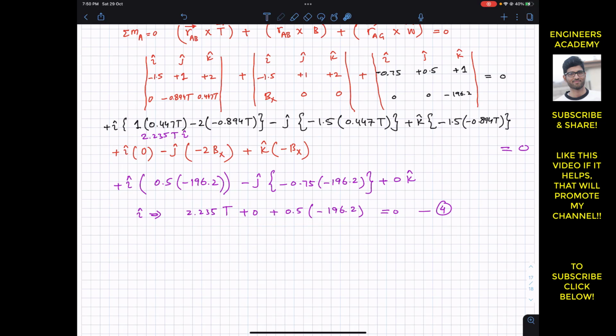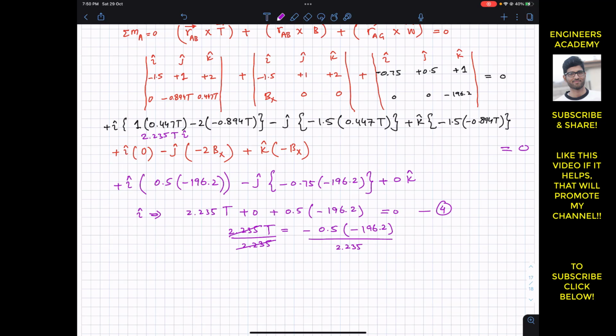So 2.235t is equal to minus 0.5 into minus 196.2, and if we divide both sides of the equation by 2.235, this will cancel out and we will get the t magnitude.